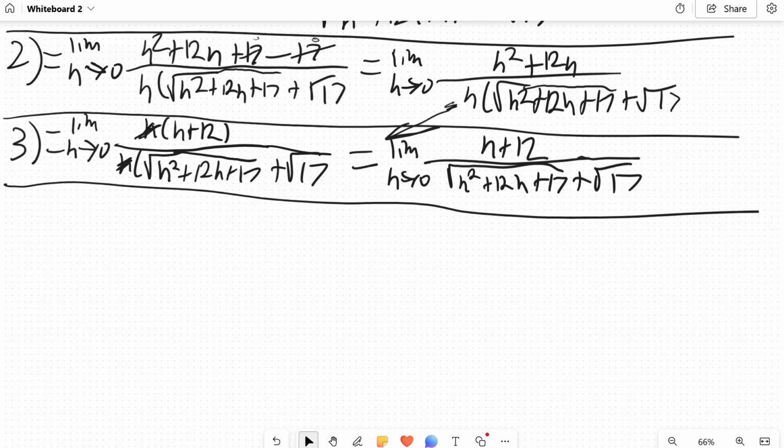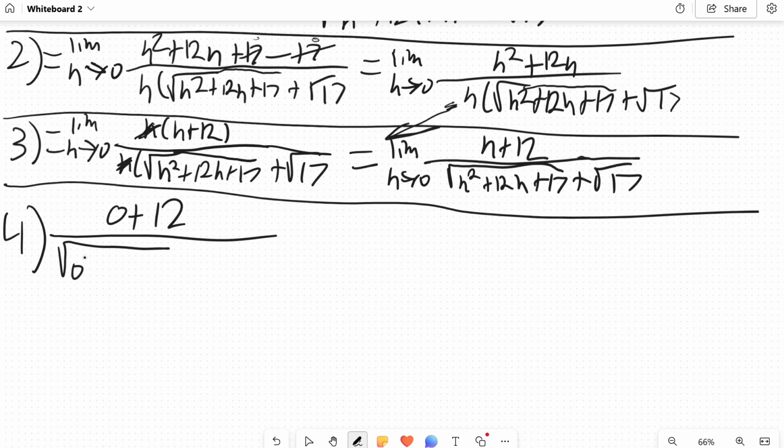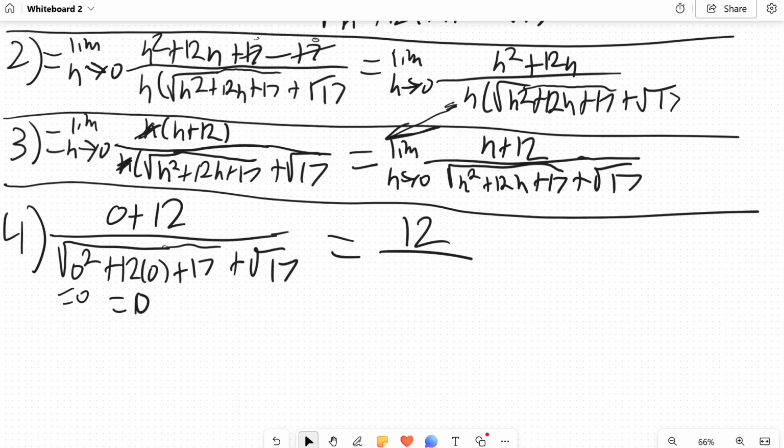For our step 4 and final step, we are now taking our limit to 0 and substituting in. So all h's become 0. So we have 0 plus 12 over the square root of 0 squared, which equals 0, plus 12 times 0, which equals 0, plus 17, plus square root of 17, equaling 12 over square root of 17 plus square root of 17, which equals 2 times square root of 17.